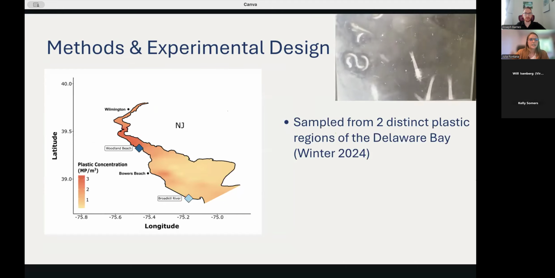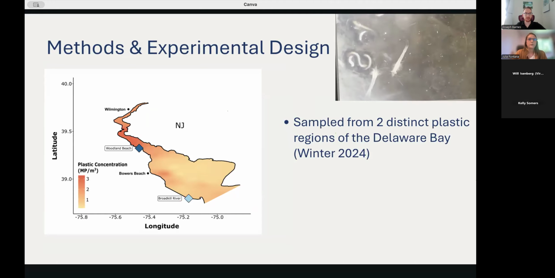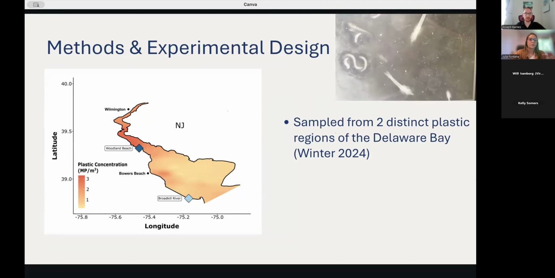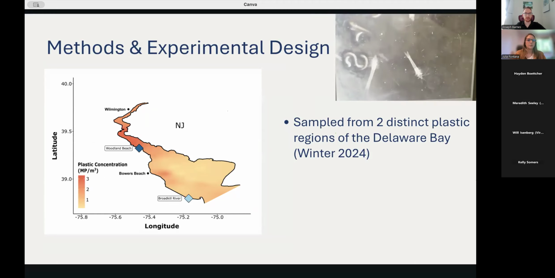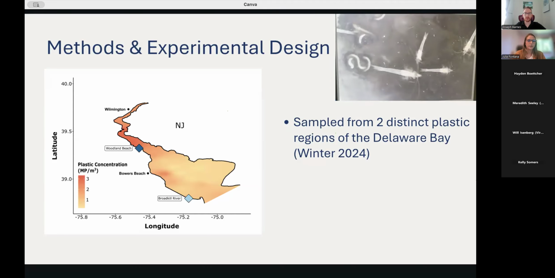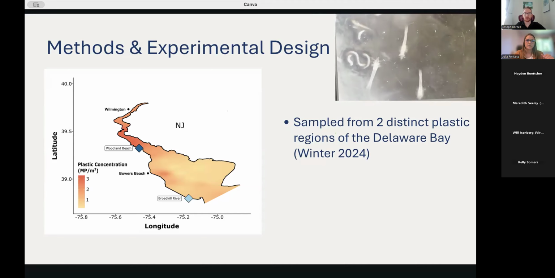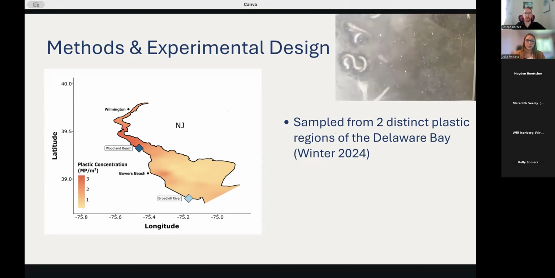Taking that into consideration, we sampled from two regions, where there's high plastic and low plastic concentrations. Woodland Beach is the high plastic concentration we sampled, versus the mouth of the Broadkill River at Lewes Beach. We sampled this in the winter of 2024, and we also sampled microplastics.